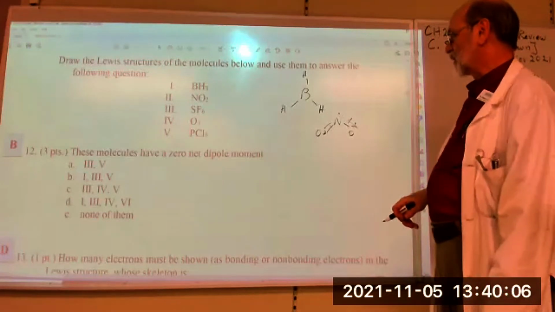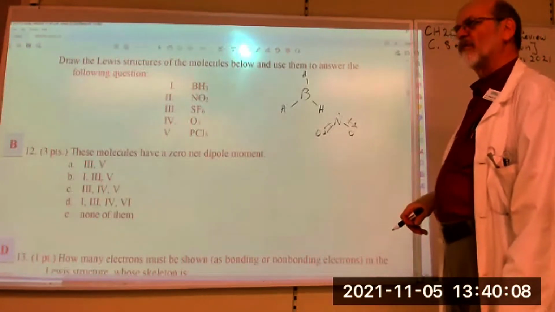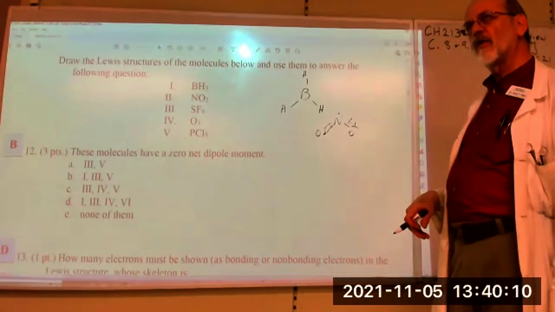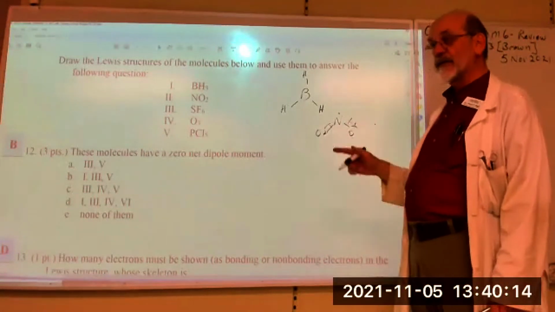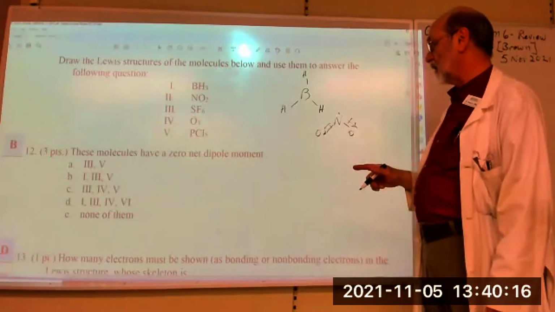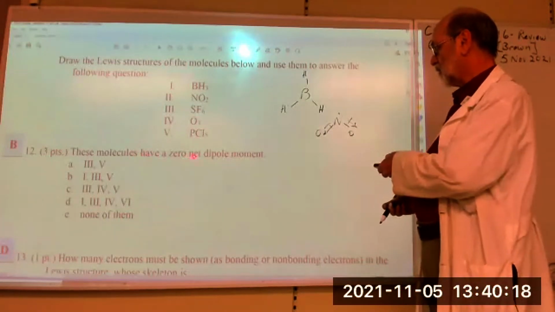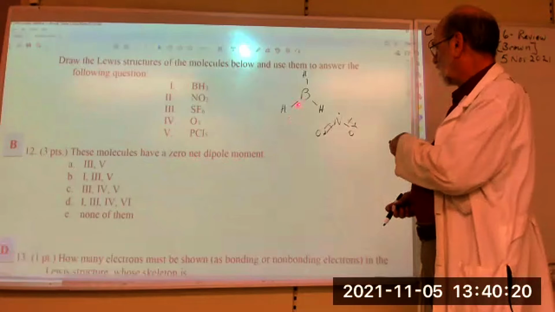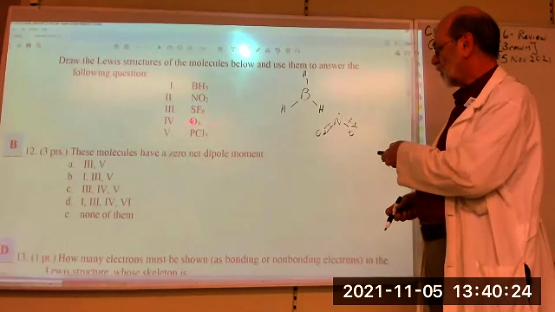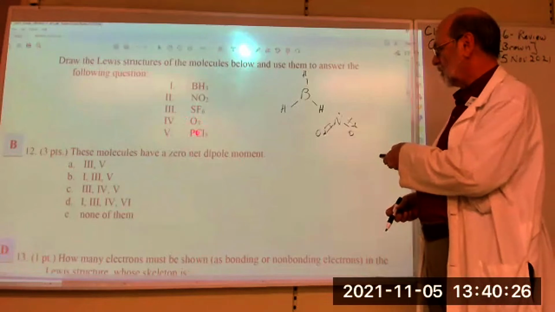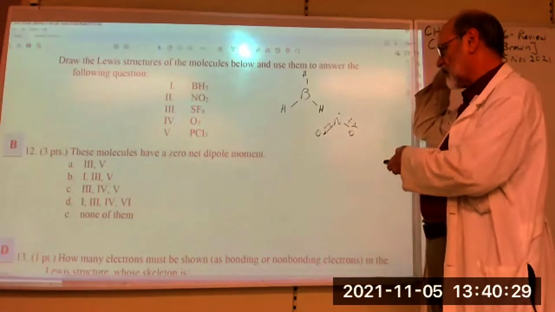How about SF6? Well, we had 6 and no lone pairs. So that's octahedral. So SF6 is going to be a zero net dipole. Let's see, this one does, that one doesn't. And this one, I think, has a lone pair.